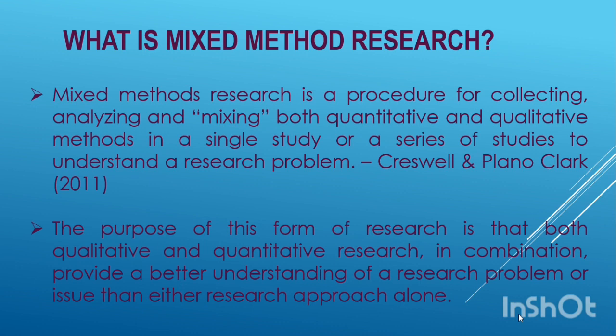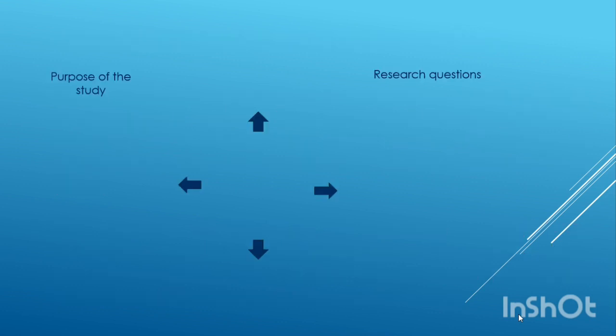Because in understanding a certain research problem or phenomenon, quantitative alone is not enough. You will be given a lot of ideas on that specific research problem, but it is much better to combine qualitative and quantitative to understand the bigger and wider picture of that certain problem or phenomenon.